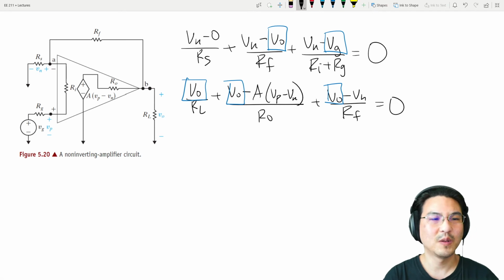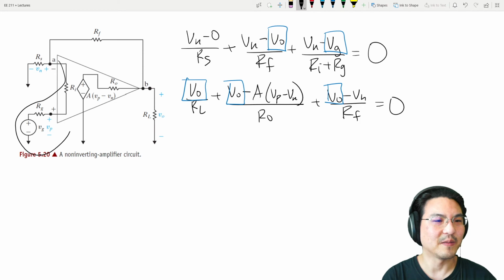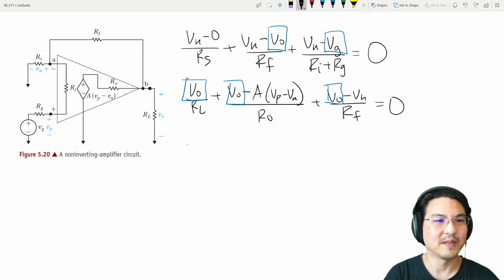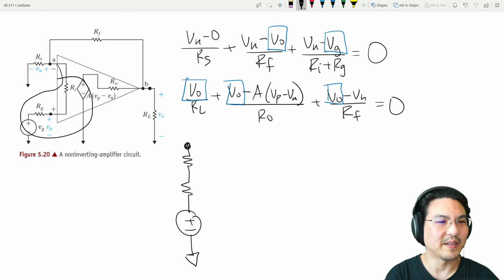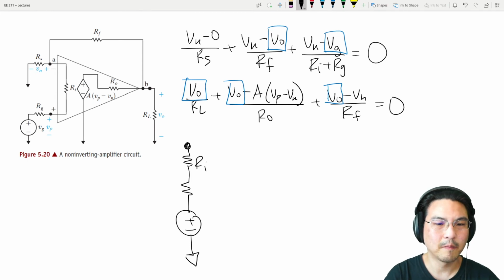So notice that. Let's just focus on right here. I'll just draw it again. So here's this right here, Ri and Rg, those two resistors. The voltage up here at the top is Vn over here.